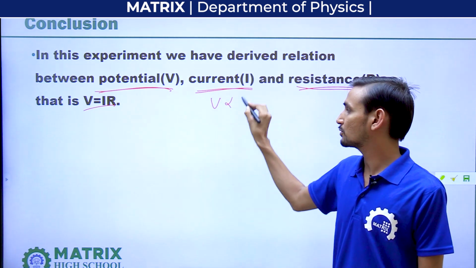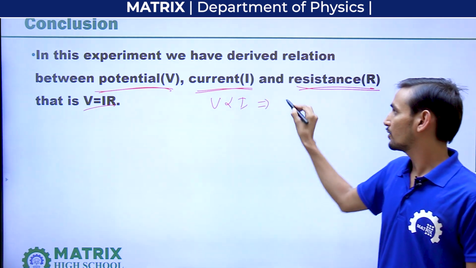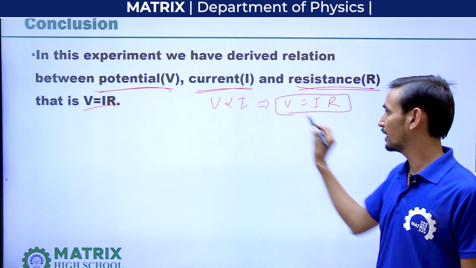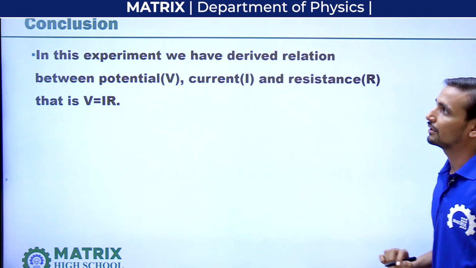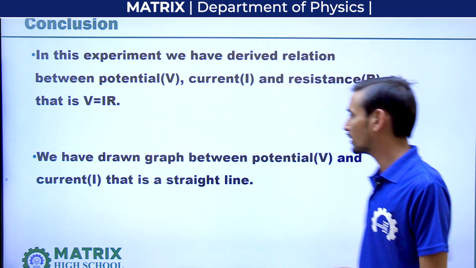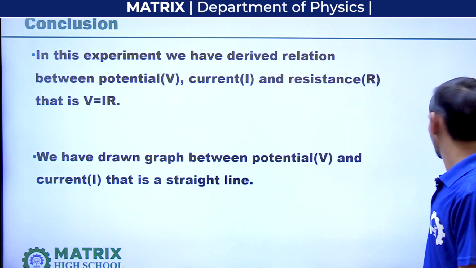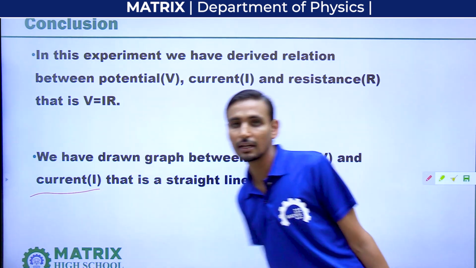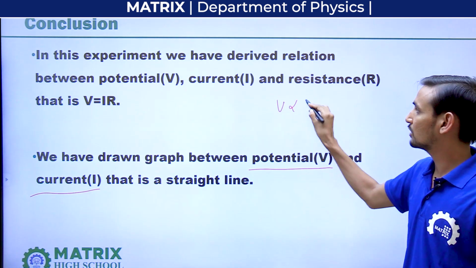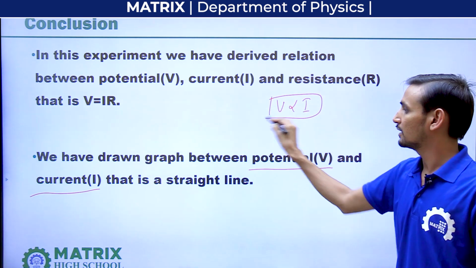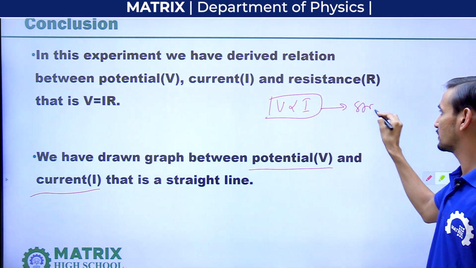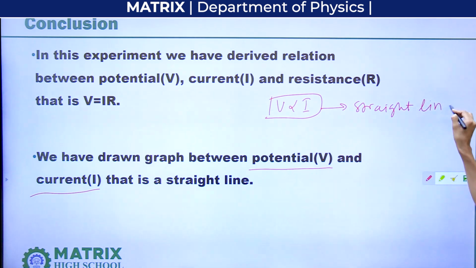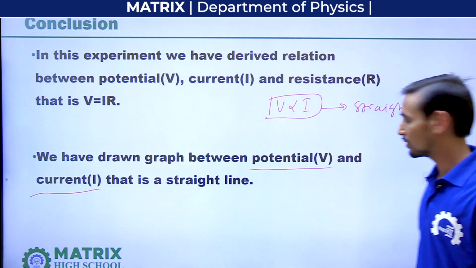V is directly proportional to I. This relation we have derived. Next conclusion is we have drawn graph between potential V and current I, that is V is directly proportional to I, so it will be a straight line graph which we have drawn.